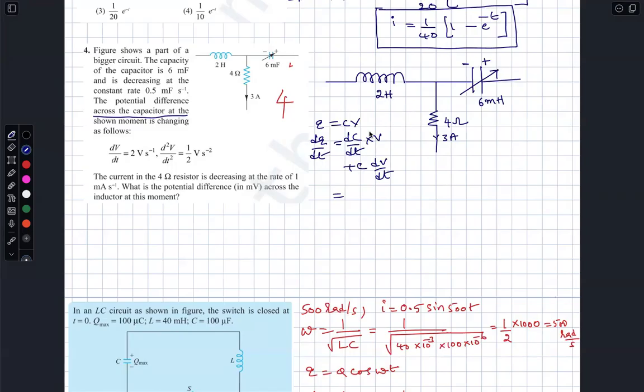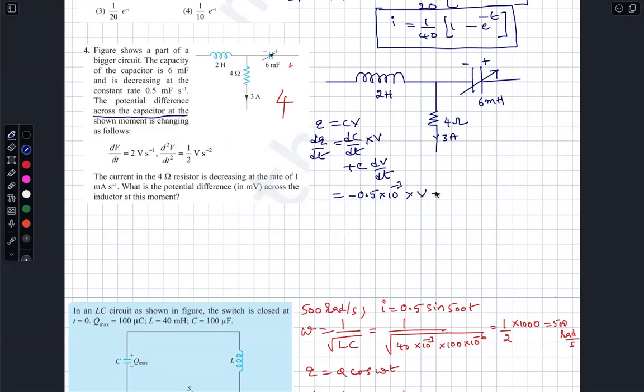dC by dt is decreasing at a constant rate, minus 0.5 into 10 power minus 3. Did you mention any voltage for that? Capacitor 6 millifarad at that instant, and the potential difference across the capacitor is changing at that instant.